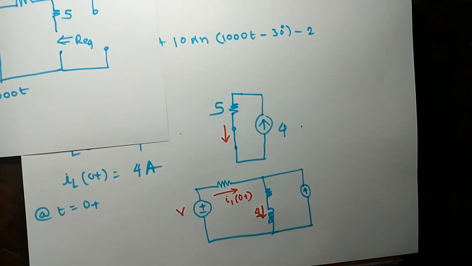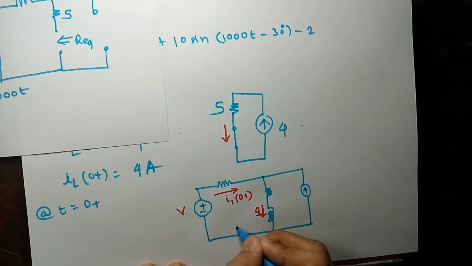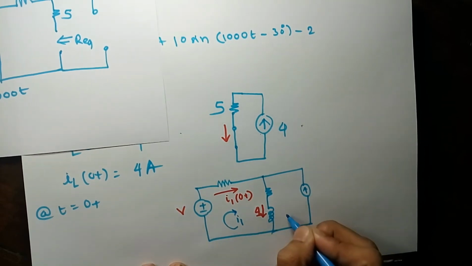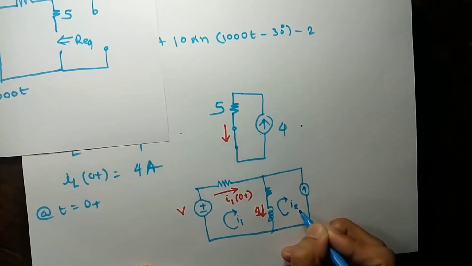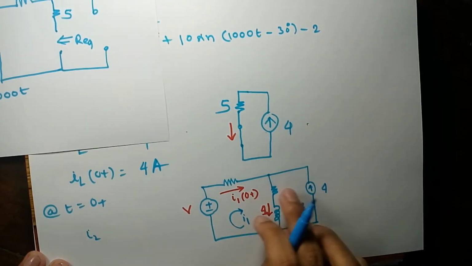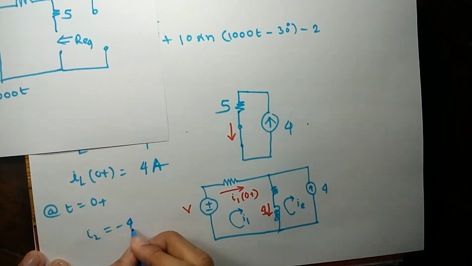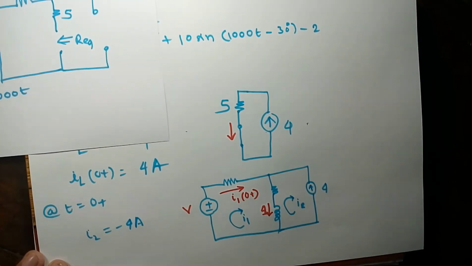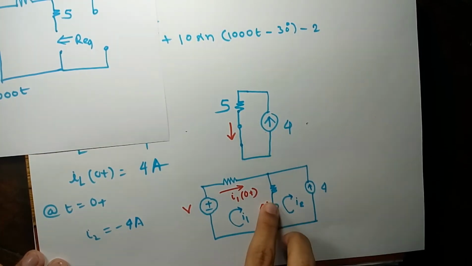Anyway, let's apply mesh analysis now. I'll introduce two mesh currents, I1 and I2. So I2 will immediately be negative 4 amps, and as you can see, I1 minus I2 will be 4.